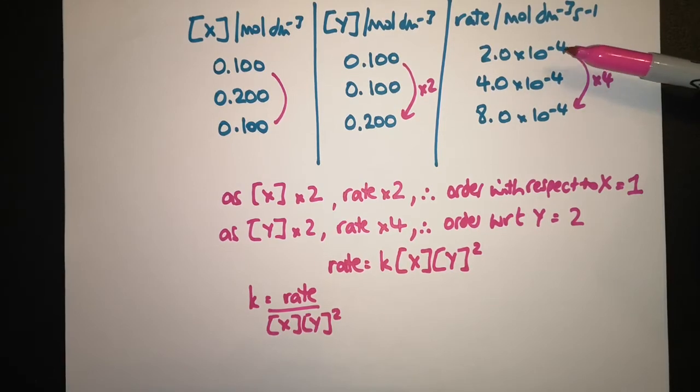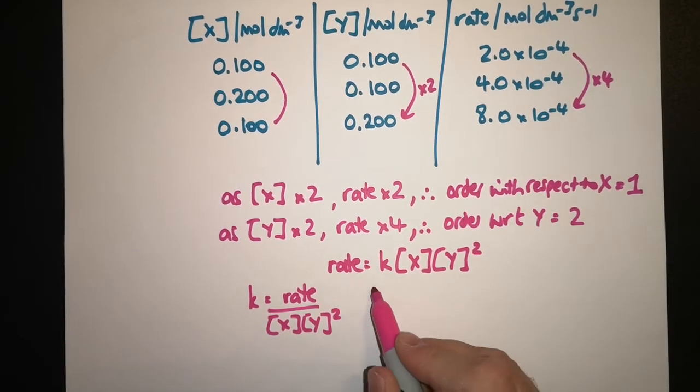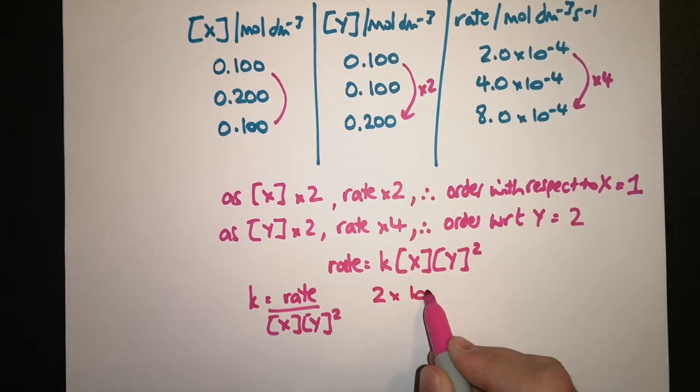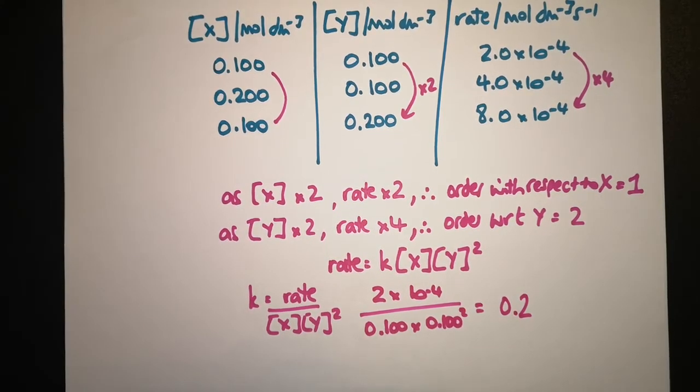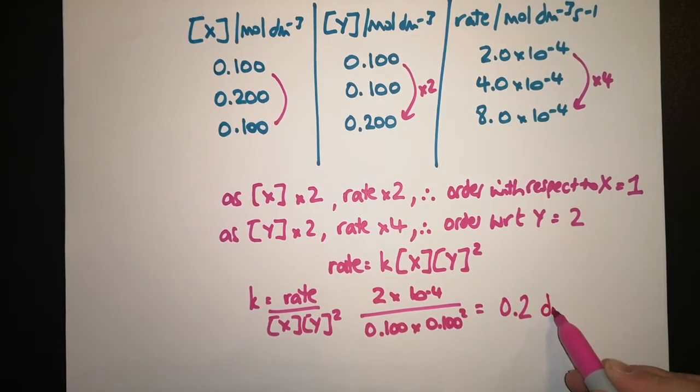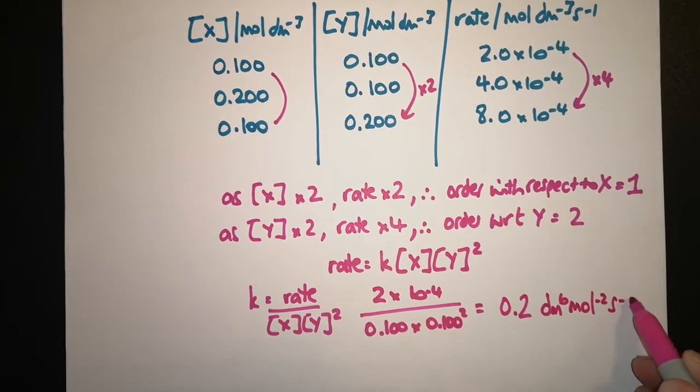So I'm going to use the numbers from experiment number 1 here. So 2 times 10 to the minus 4 divided by 0.1 times 0.1 squared equals 0.2. Then we go back to thinking about the units. This is a third order reaction, so when you work out the units, you should get units of dm to the 6 mol to the minus 2 s to the minus 1.